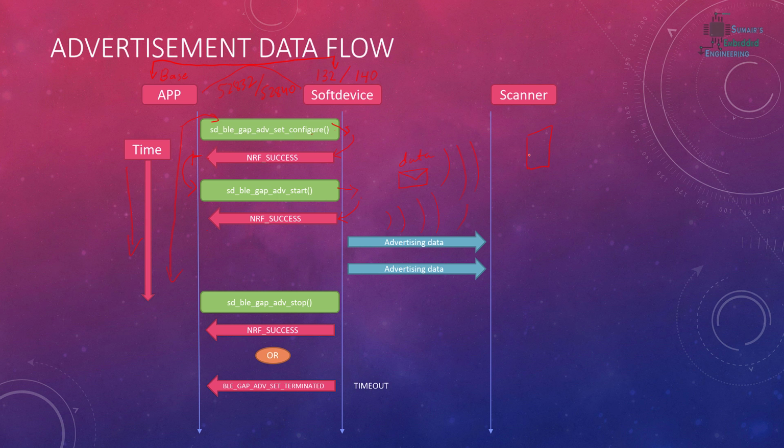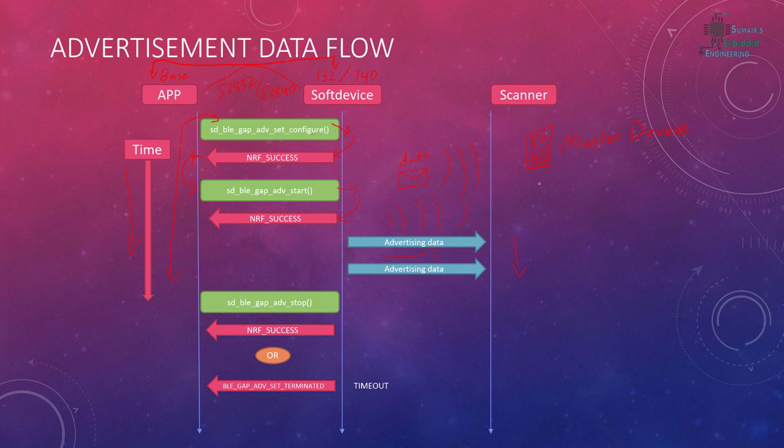In this case it can be our mobile device, using Bluetooth to communicate, and these can be our master devices. The master device on this side will receive these advertisements, and it can see all these advertisements from our device. Here you can see our device is advertising over time.